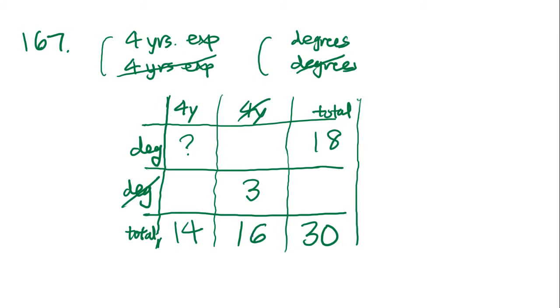We actually don't even need to solve the rest. 16 minus 3 is going to be 13. 18 minus 13 is going to be 5. And 5 is answer E right here.